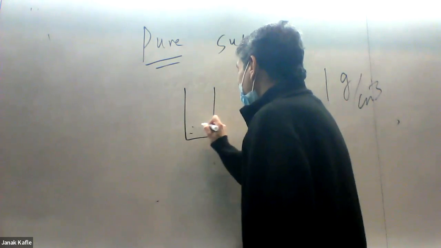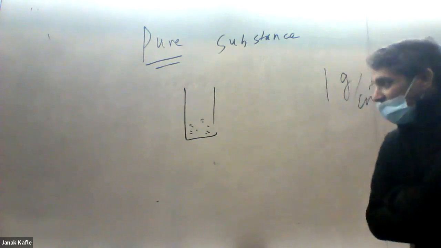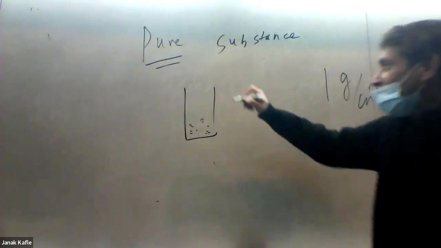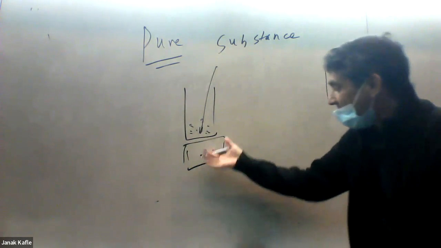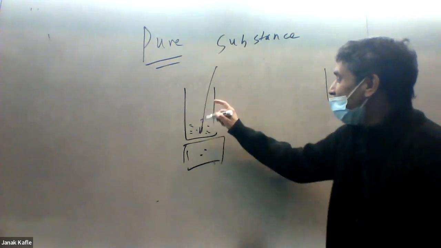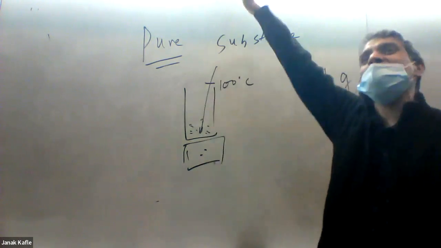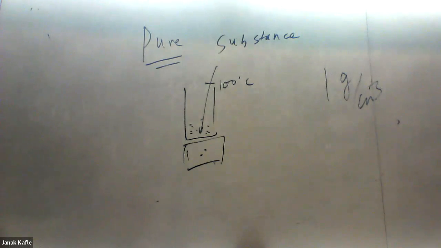Another experiment I can do: I have this water and I want to measure whether it is pure or not. I put a thermometer in it and put it on a heater and keep heating. The water boils and boils, and the temperature is always 100 degrees centigrade until all the water is gone.